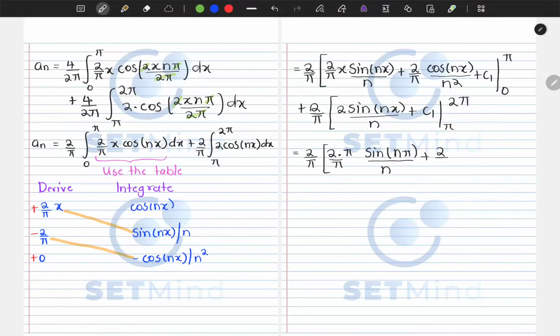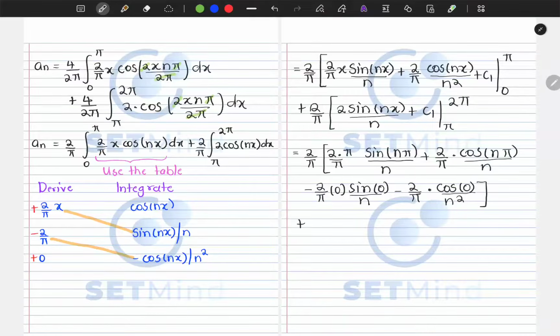And then plus 2 over pi, and then we have cos of n pi, and this is divided by n, and we need to subtract and put in 0, so that will be 2 over pi times 0, and then sine of 0 divided by n, and then minus 2 over pi times cos of 0, and then divided by n squared. So that is done with the first part of our integral after subbing in.